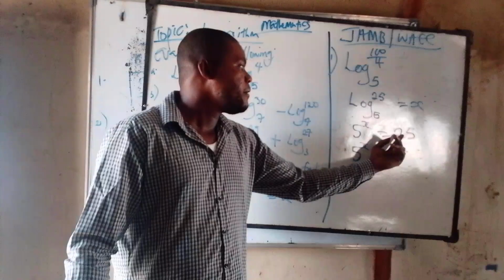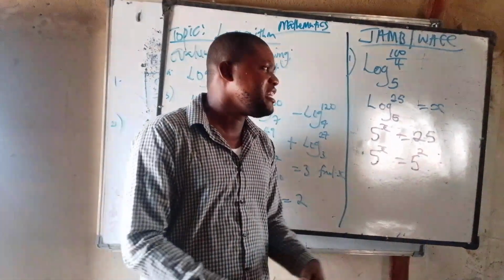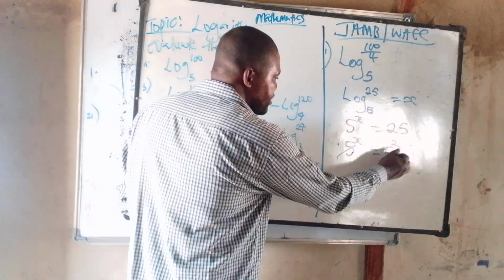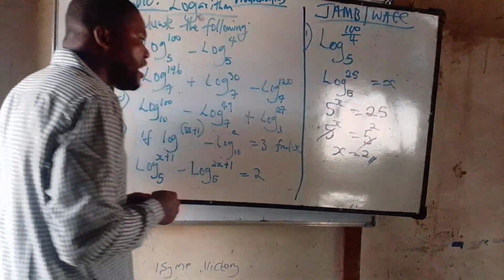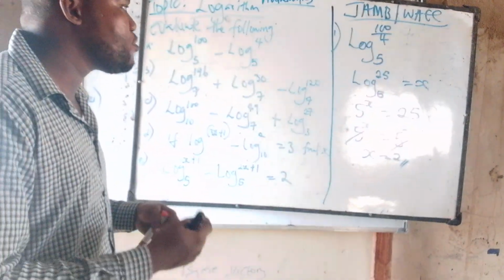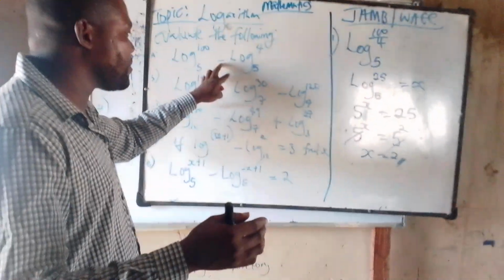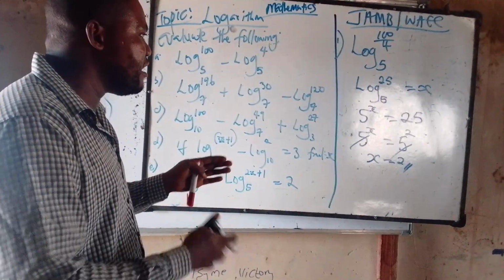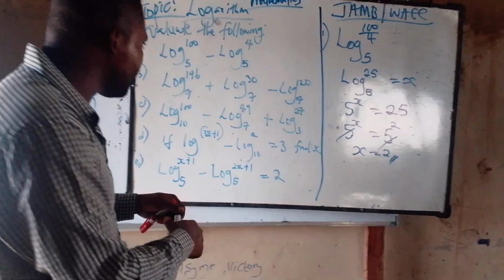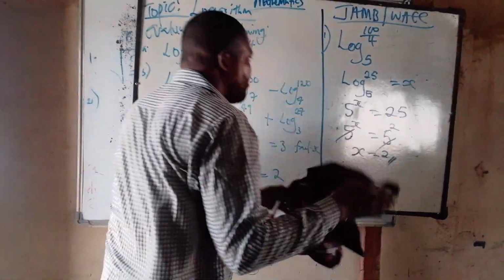So I can either say 25 or 5 to the power of 2. The idea is to eliminate the bases on both sides. So I will now have x is equal to 2 as my final answer. Whenever you have this, if you are subtracting, divide the powers, equate to a or y or z, anything, then look for the final answer. That is all for number 1.